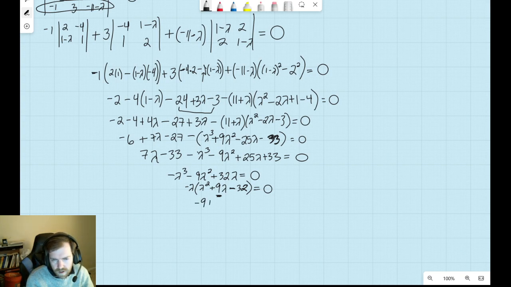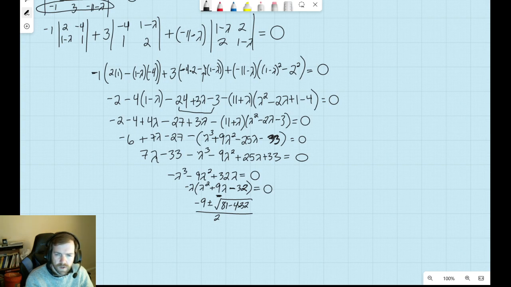Alright, so negative 9 plus or minus the square root of b squared minus 4ac, all over 2a. 4 times 32 is going to be 128.